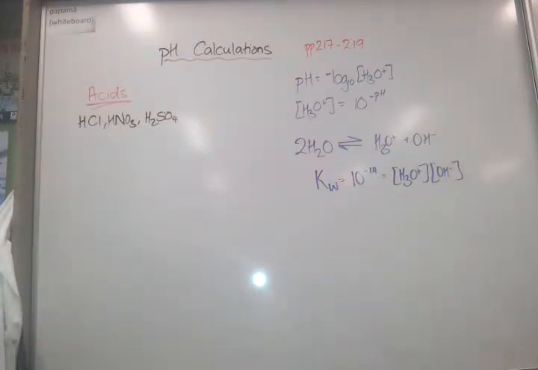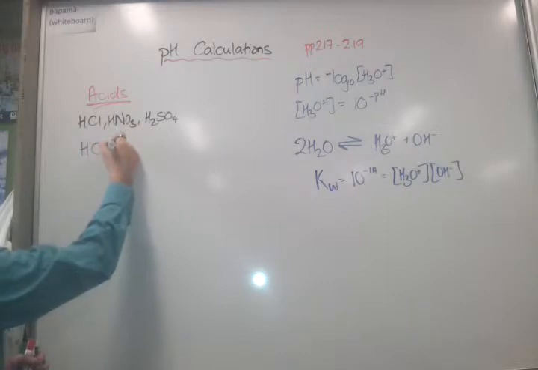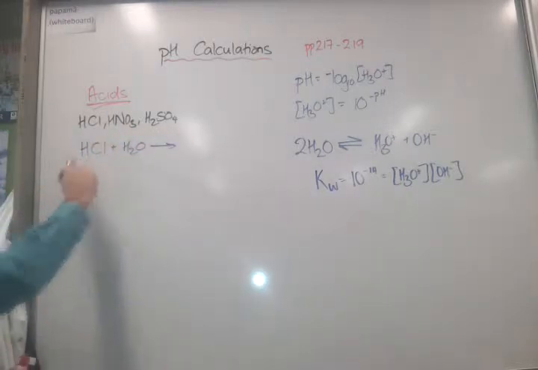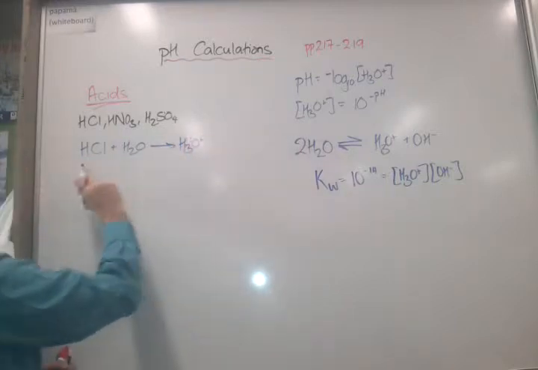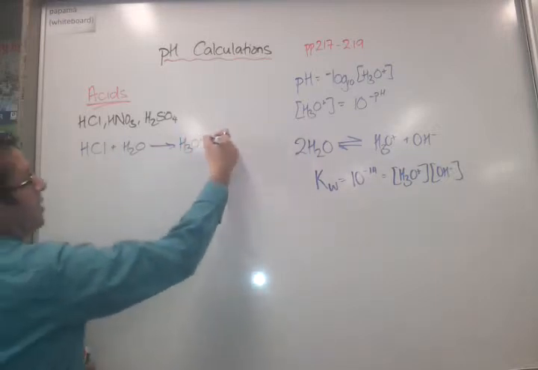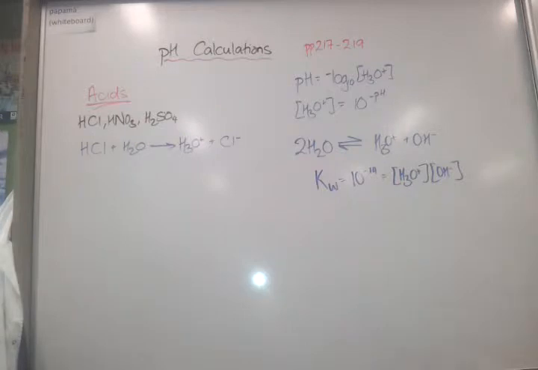So if I was to show you HCl being put in water, then it wouldn't be an equilibrium. It would be HCl plus H2O goes to H3O plus, which is the conjugate acid of water, and Cl minus, which is the conjugate base of the hydrogen chloride.